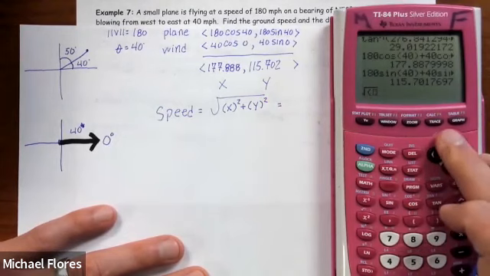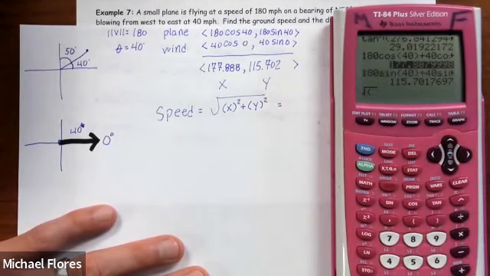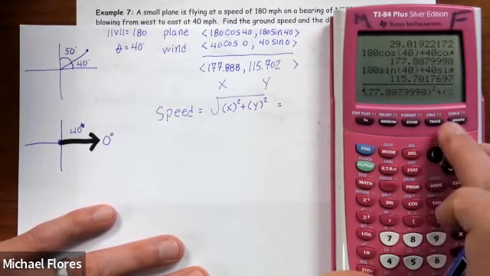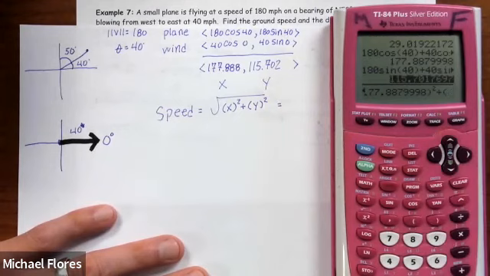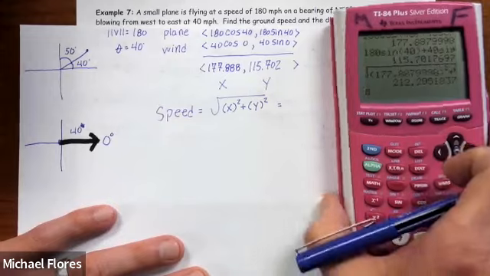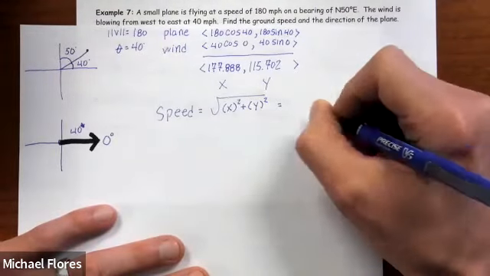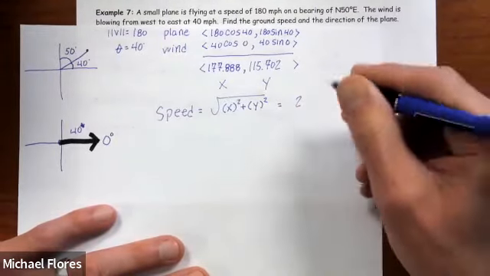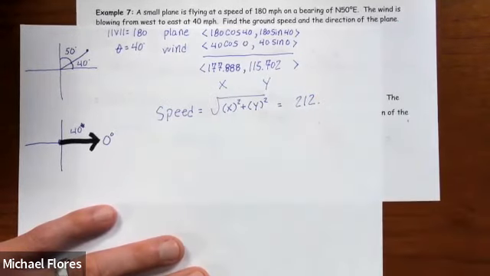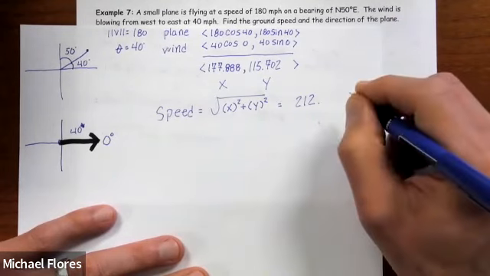Now I'm going to scroll up and find my x value. Close parentheses, square. Our plane is traveling at a speed of 212.205.